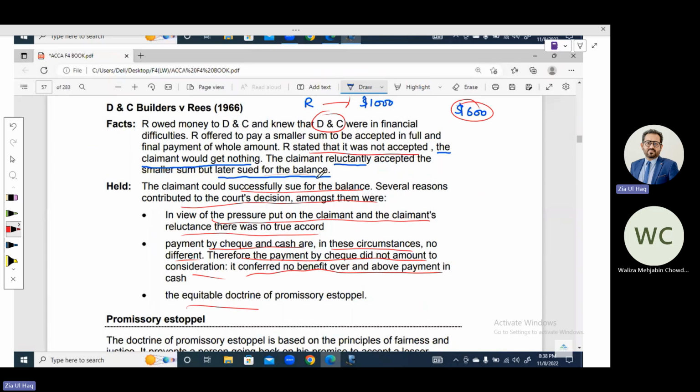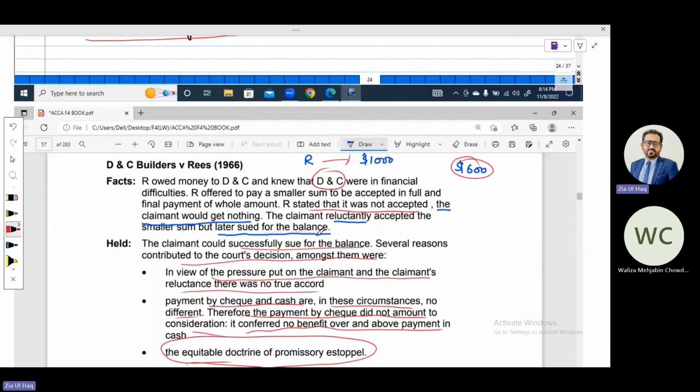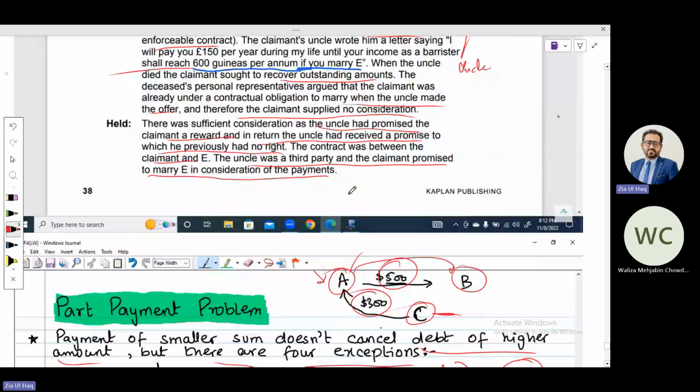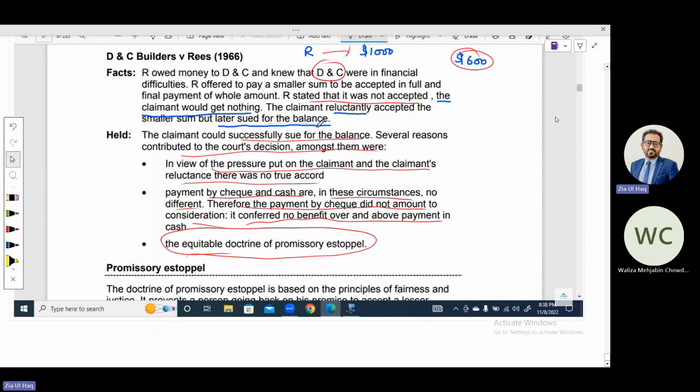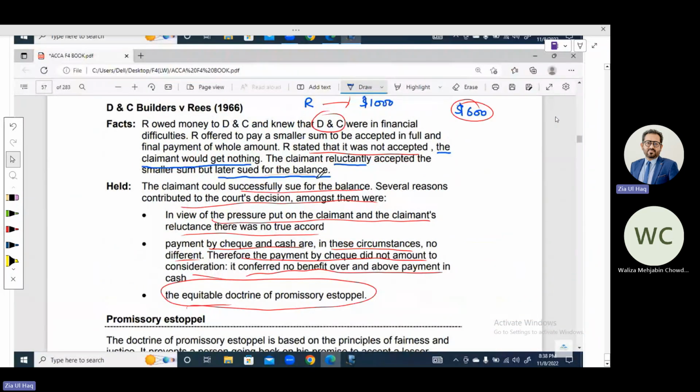The equitable doctrine of promissory estoppel is the next topic that we will learn. If there is consent between both parties, but this payment was not made by a third party and it was not related to composition, there was no accord. He said, okay, I am going to settle my amount of 1000 with 600.